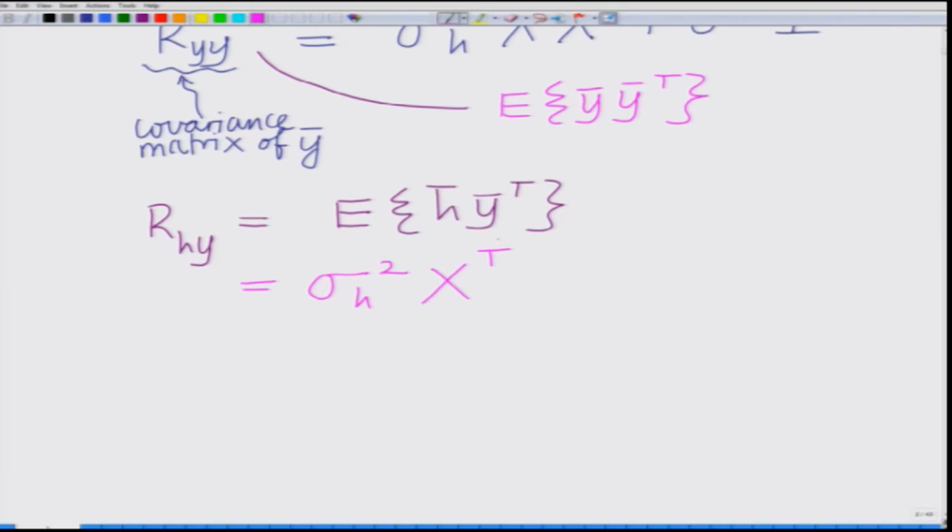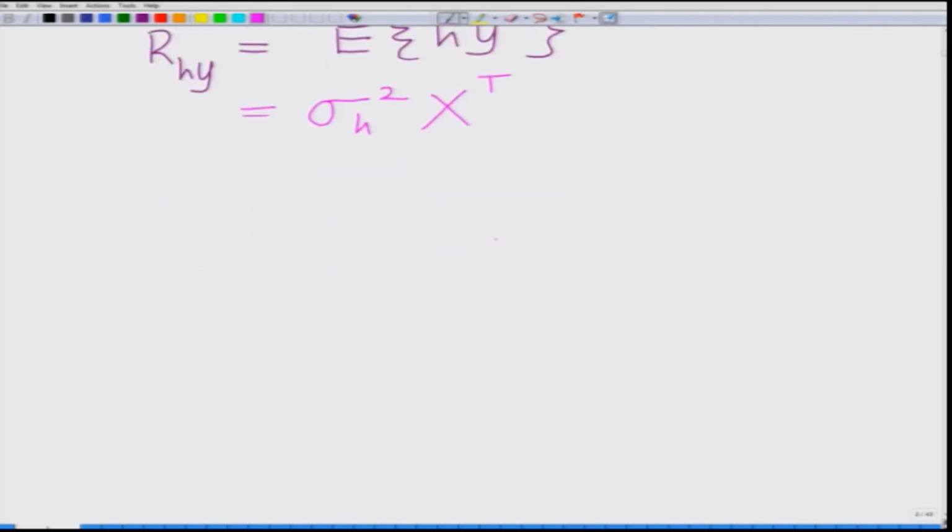Therefore the LMMSE estimate, remember, we can talk about the LMMSE estimate even when the channel coefficients are non-Gaussian. Of course, if they are Gaussian, then the LMMSE estimate itself is the MMSE estimate, that is the minimum mean square error estimate.